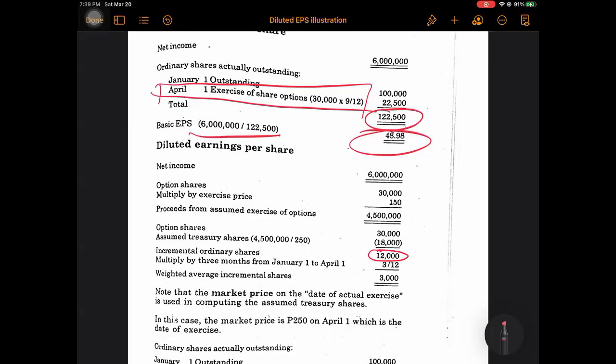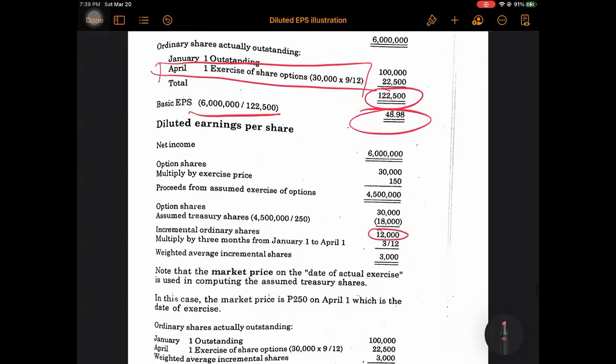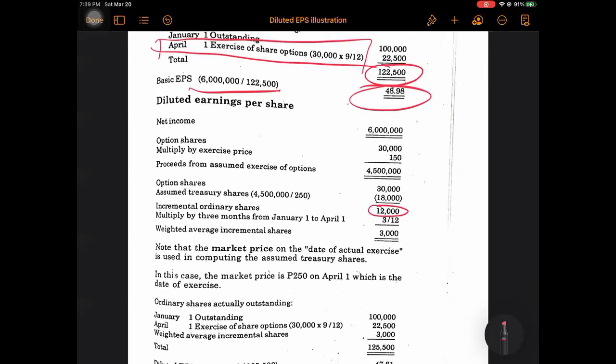But if issued during the year, we need to prorate. In this case, even if there is actual conversion, the computation starts on the issuance date up to the date of exercise.